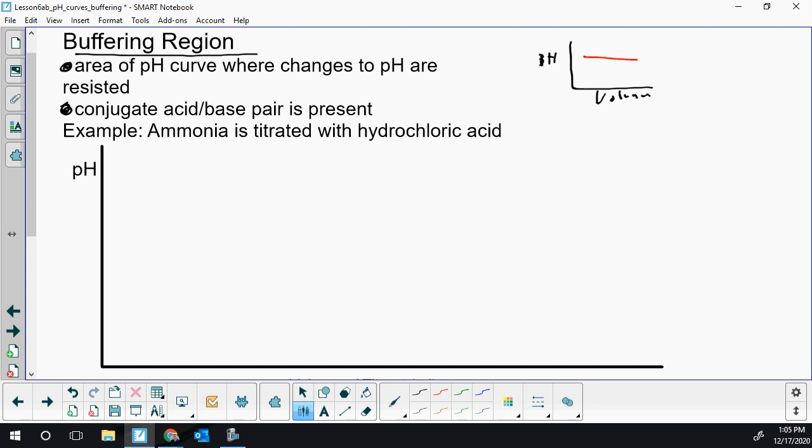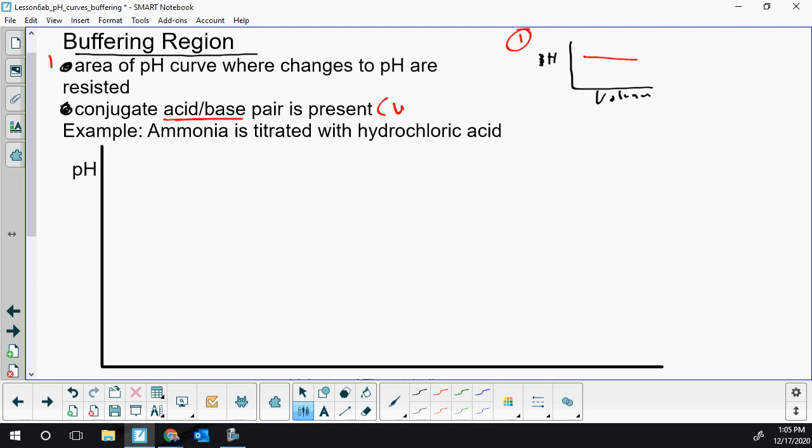So that's our first criteria. I'll stick a number 1 there, and this image goes with the first criteria. But that's not enough. Just because you have a flat region doesn't mean you have resisting pH changes. You must also have an acid-base conjugate pair present. So not any acid and any base, they must be conjugates to each other.